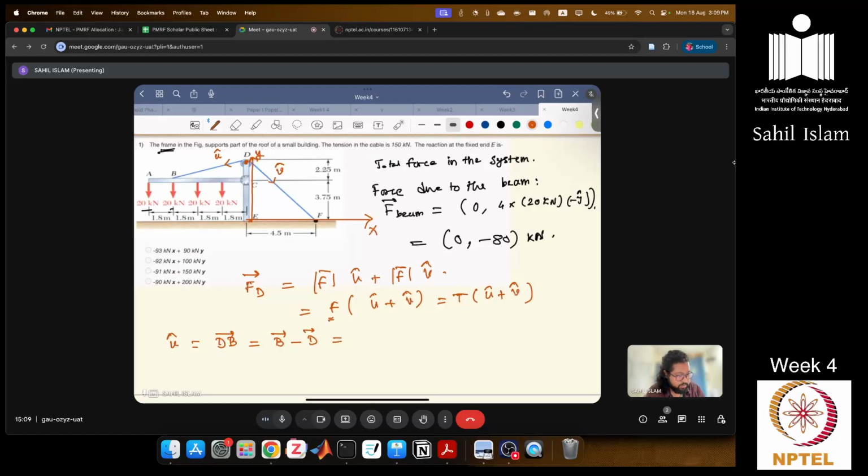B means basically OB. We can write B as, in the x direction, we go minus 3 times 1.8 meter, and in the y direction we go along this much, which is 3.75 meter.